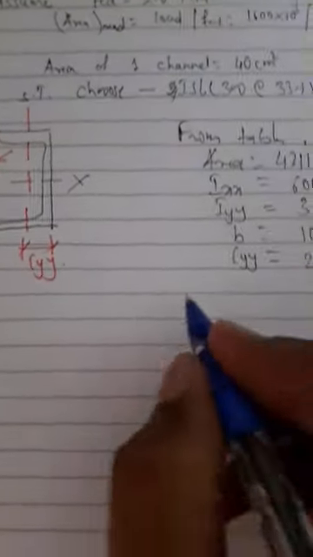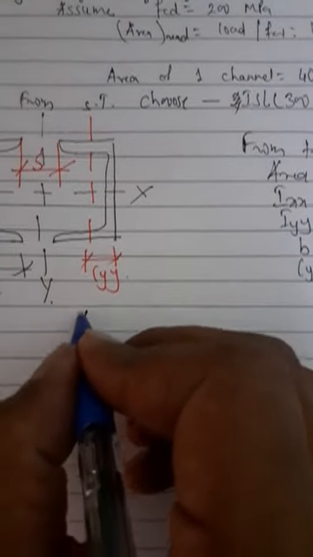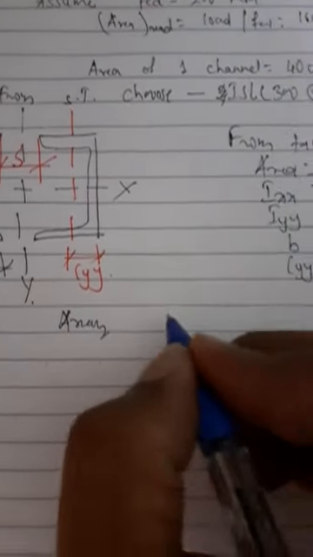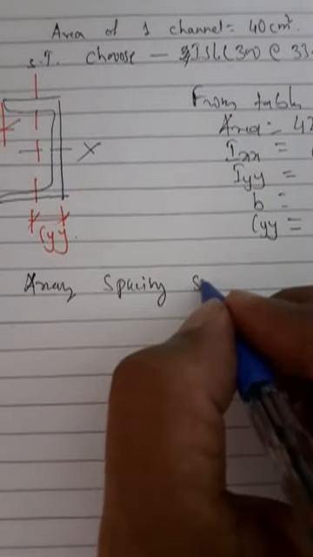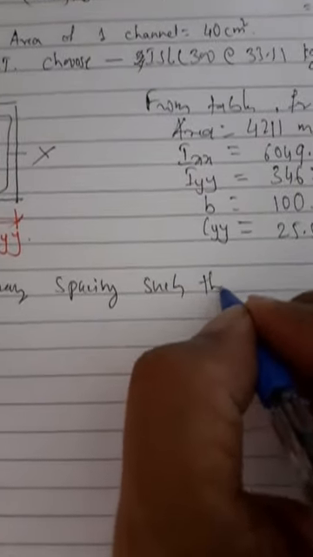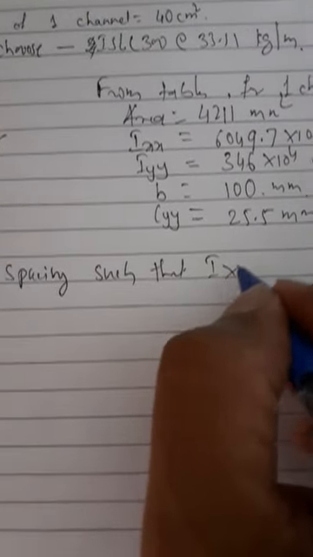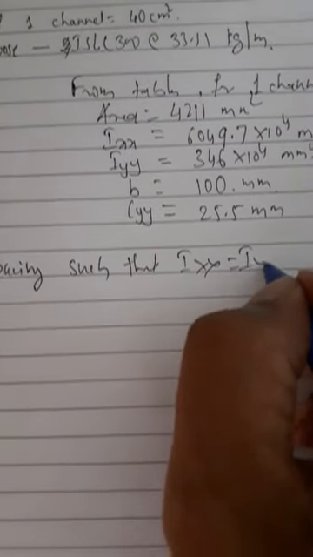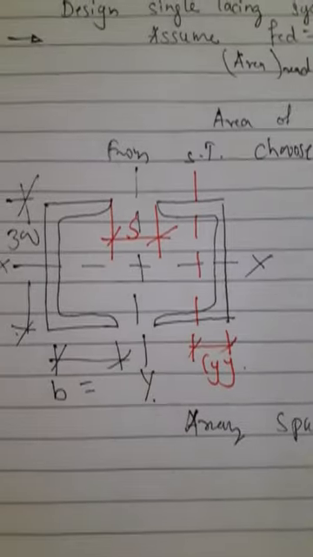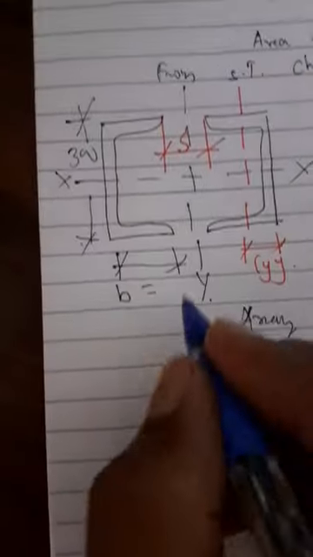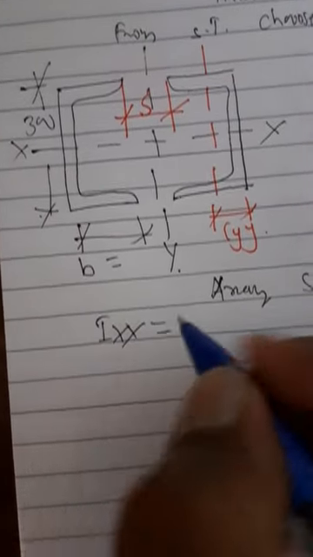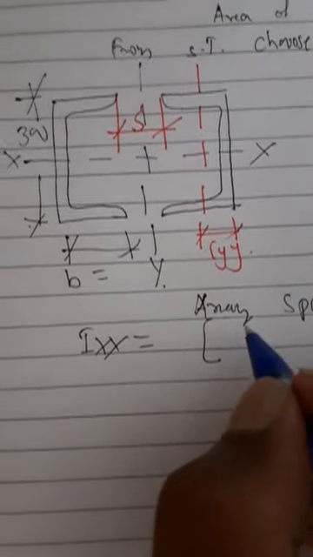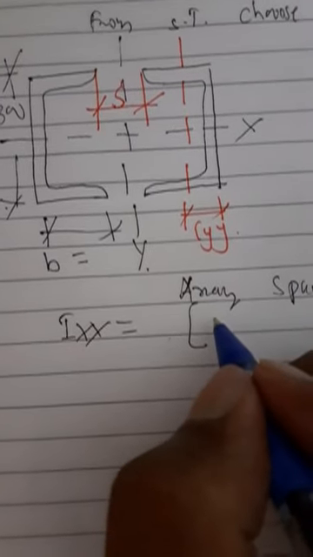Now arrange spacing such that IXX is equal to IYY. This is capital IXX, IYY. Capital IXX for the whole section is equal to small IXX plus area into distance square.